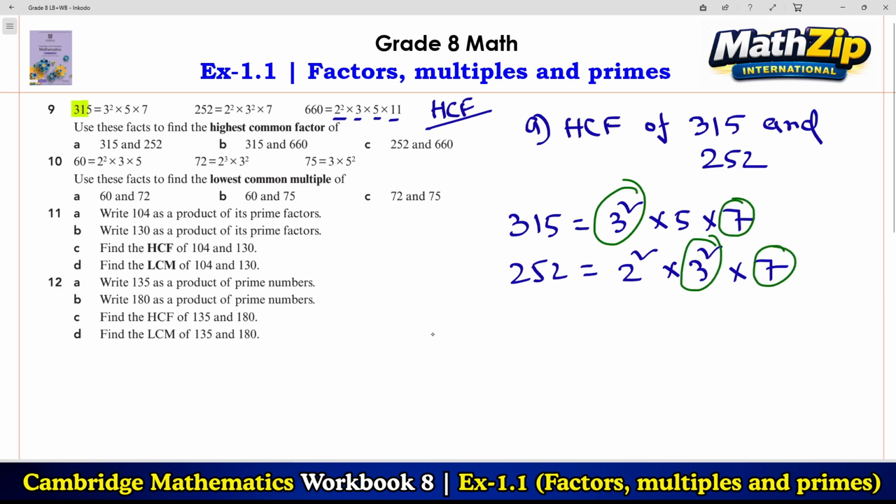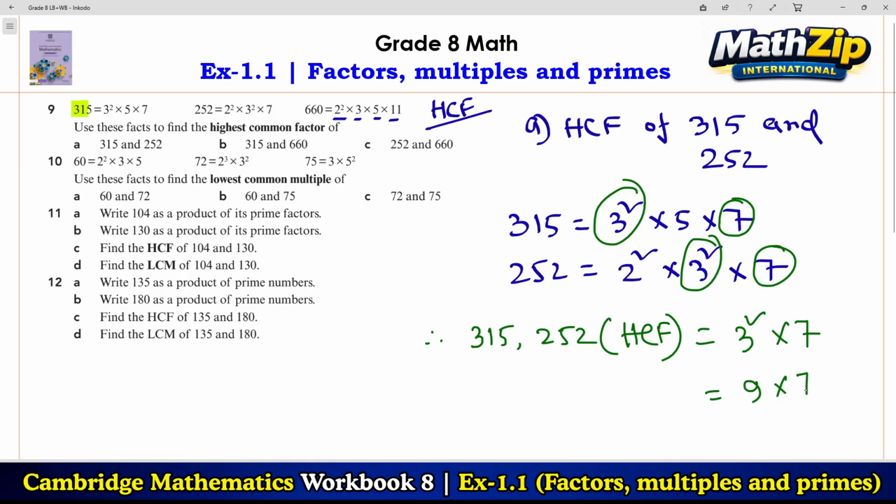So the HCF of 315 and 252 equals 3 square times 7. 3 square means 9, times 7, it's 63, right? So part A is done.